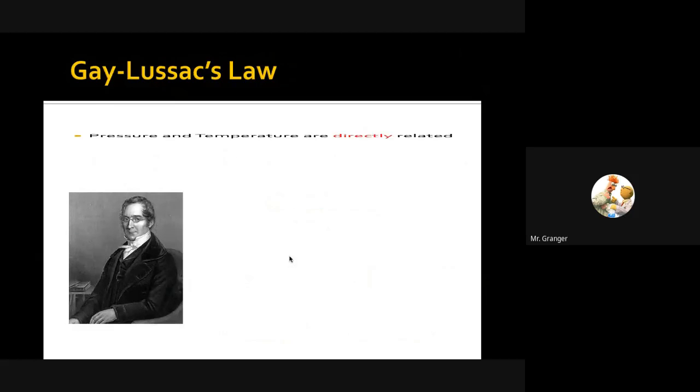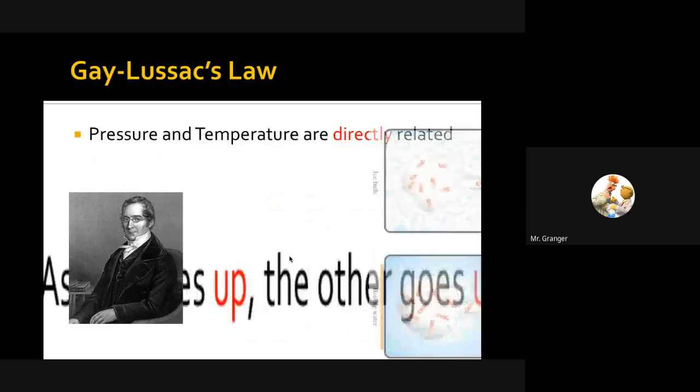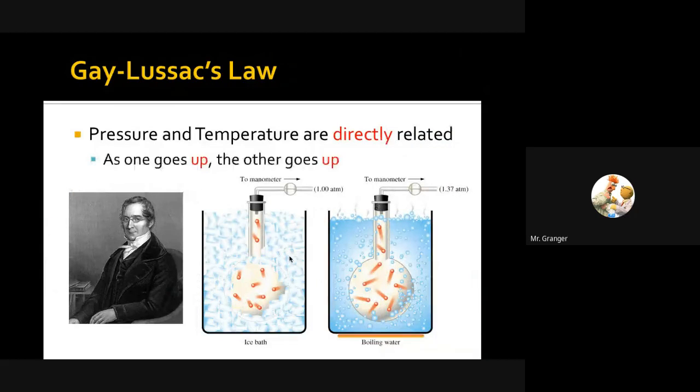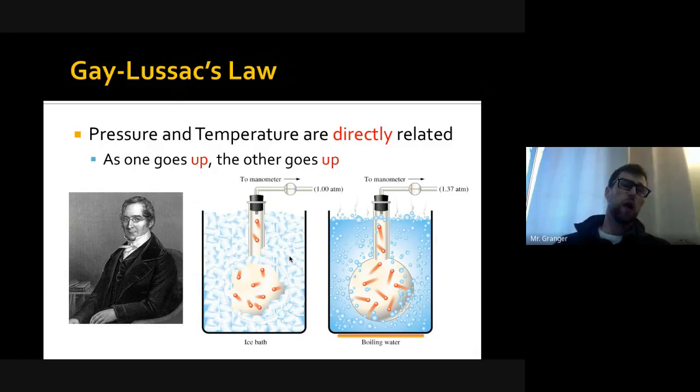And our third relationship, we're looking at pressure and temperature. Okay, so changing the temperature, as we mentioned before, is going to change the kinetic energy or the speed at which particles move. So if we increase that kinetic energy or increase the temperature, there's going to be more collisions of those gas particles.